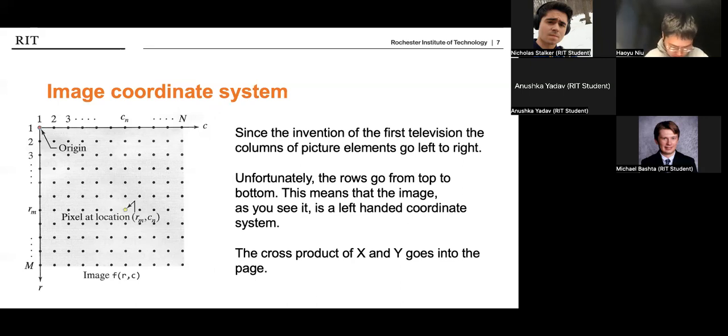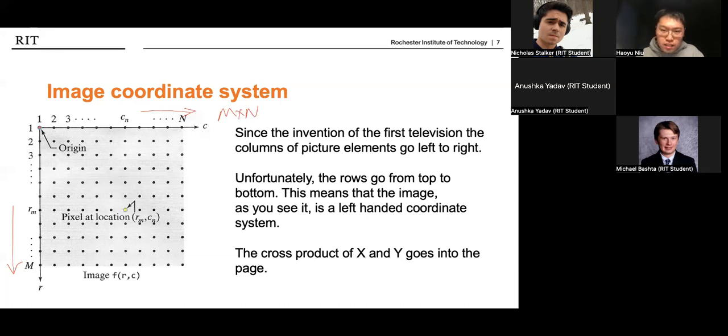So you can see that here we have a matrix with m rows and n columns. So in this case, the size will be m by n. The coordinate convention used in the image processing toolbox is a little bit different.